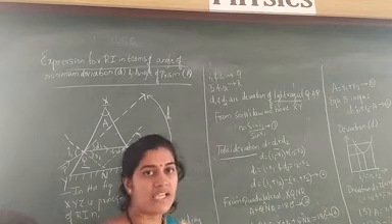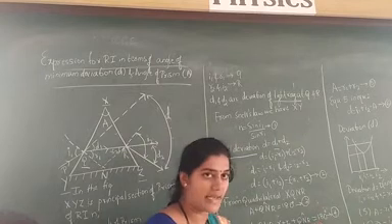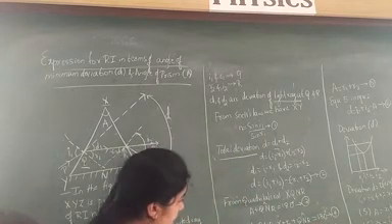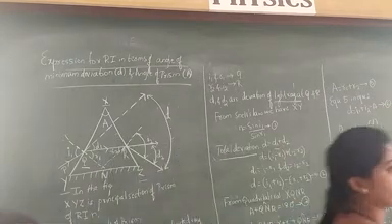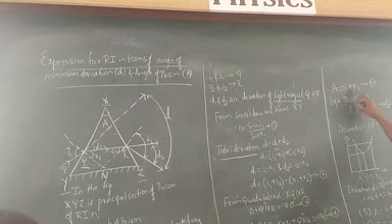R1 and R2 are the angles of refraction at the first and second faces. Consider it as equation 4. Next comparing equation 3 and equation 4, we get A is equal to R1 plus R2. Put it as equation 5.